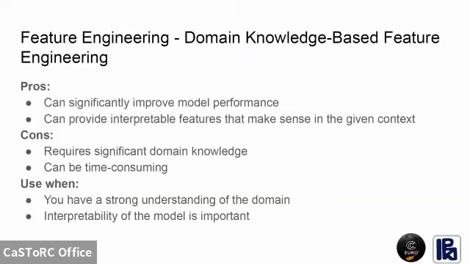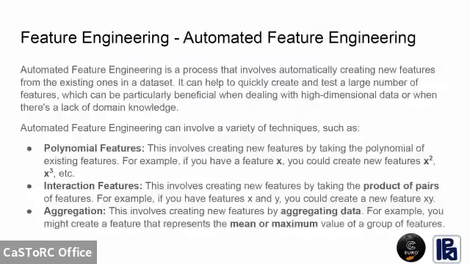But the negative thing is that it can require significant domain knowledge and also can be very time consuming. Use it if you strongly understand what is in your data. And then the interpretability of the model is also very important. It's very important for you to understand which features are used to make a prediction, and how you can use it as an expert. So interpretability is very important.